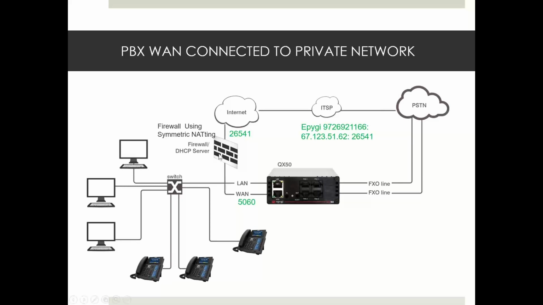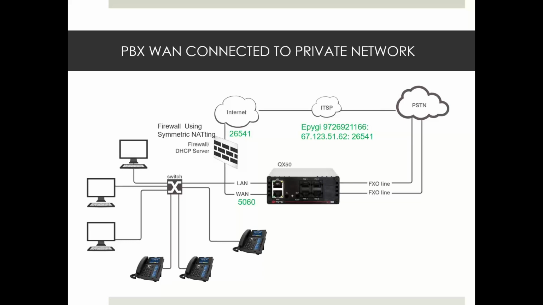But as it crosses the firewall, that firewall does something unique. It changes that port number to some arbitrary number, in this case, maybe as our example, 26541. So on the outside of that firewall, those messages are no longer coming from port 5060, but from 26541.